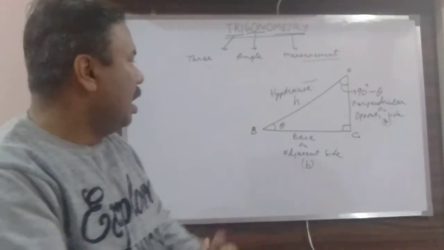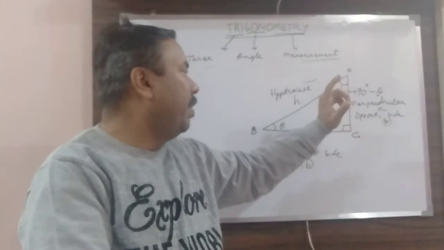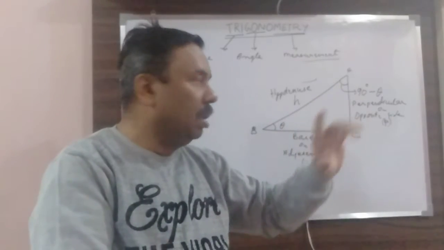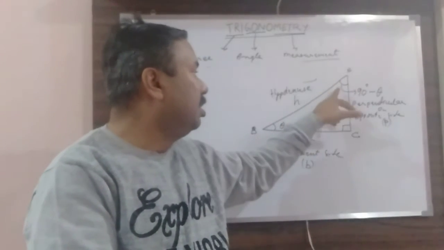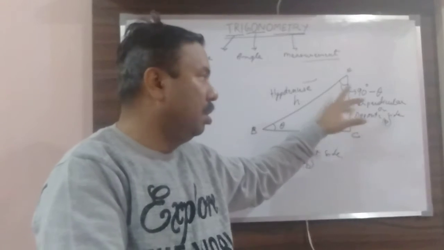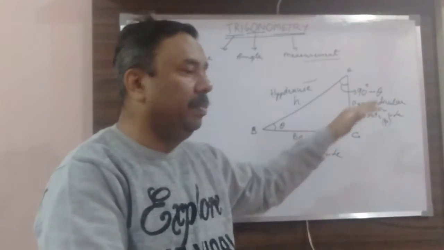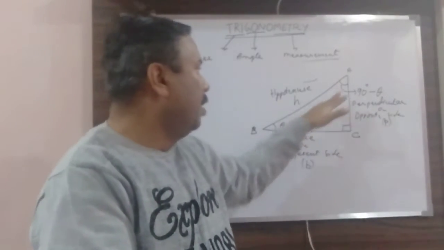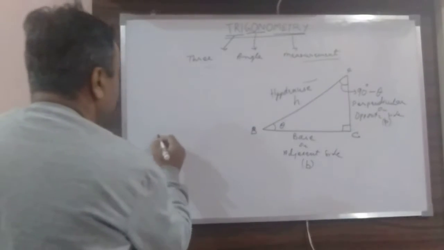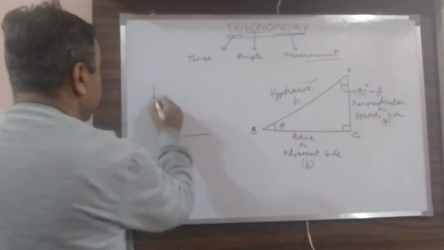If I am going to find the ratios with respect to this other angle, obviously my whole configuration will change. For this, my figure will then be like this.